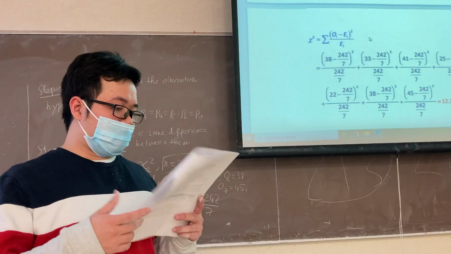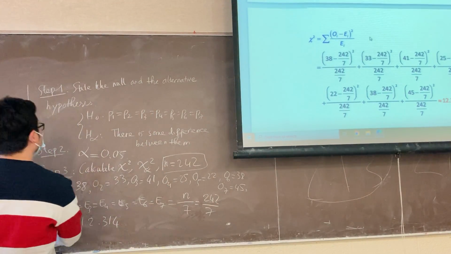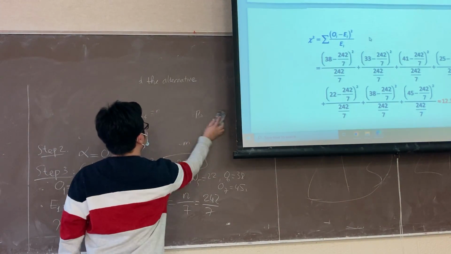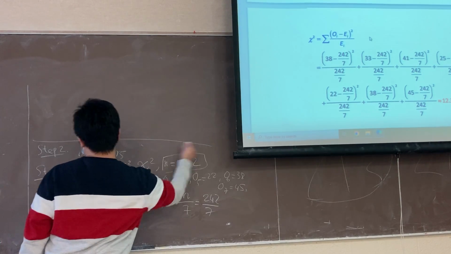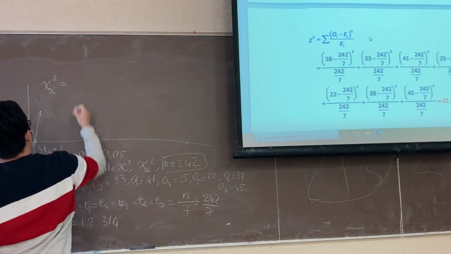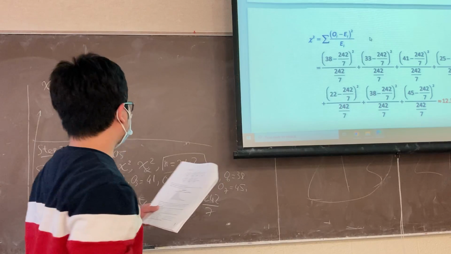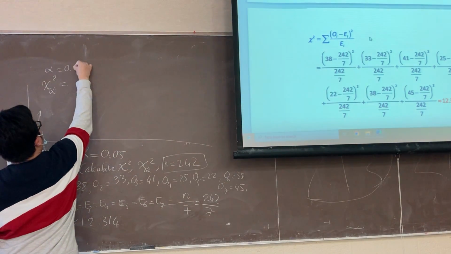And when you know chi square, you need to find chi alpha square. Okay, I will erase this step 1. On this one I need to find this value. We have alpha here is 0.05, right? And what about df?